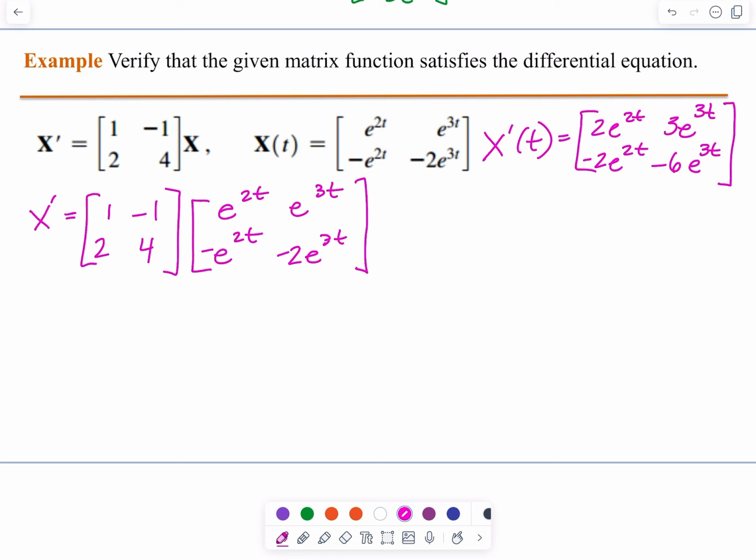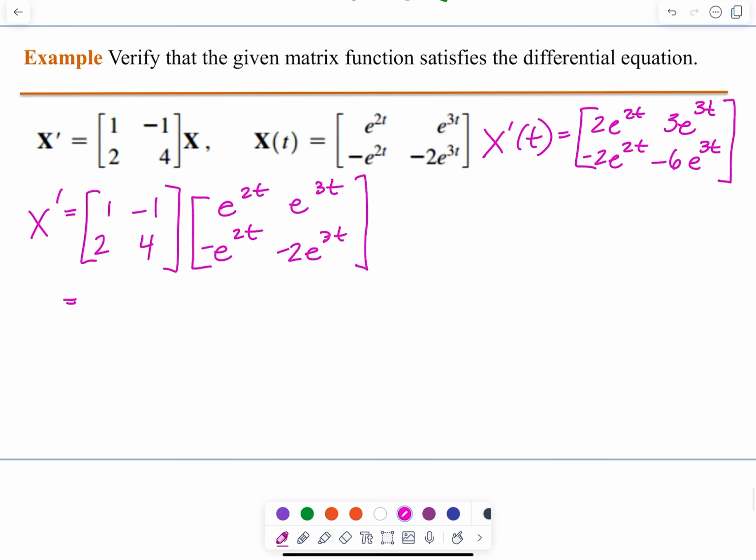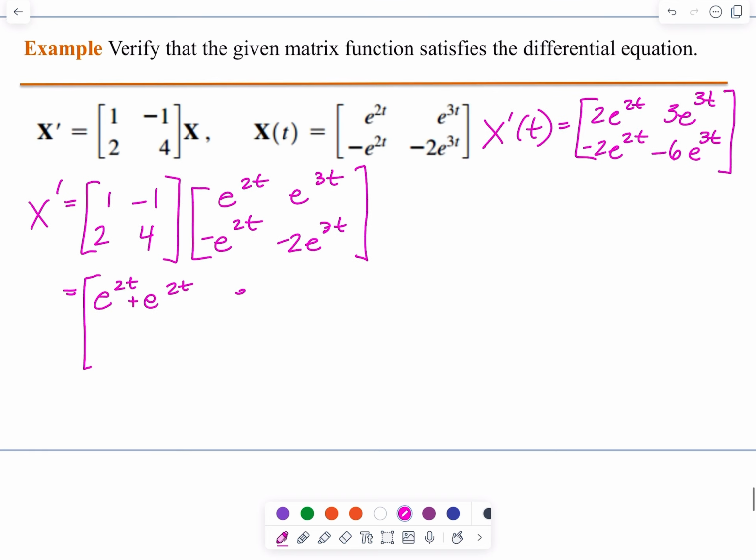And here we have e to the 2t plus e to the 2t, and then e to the 3t plus 2e to the 3t.